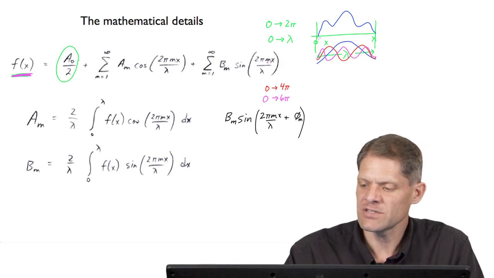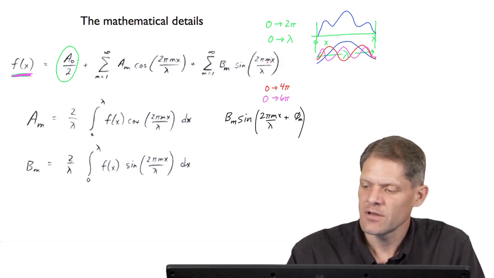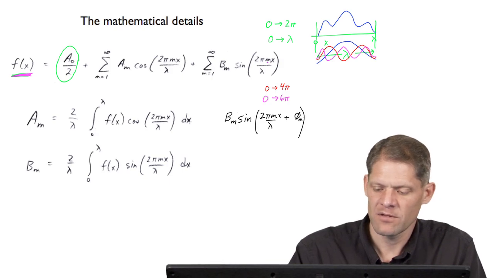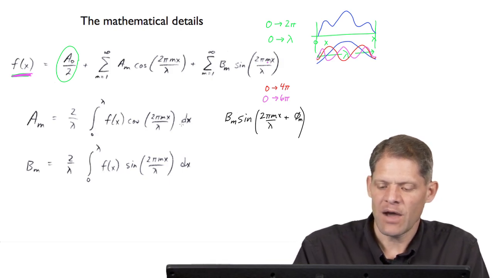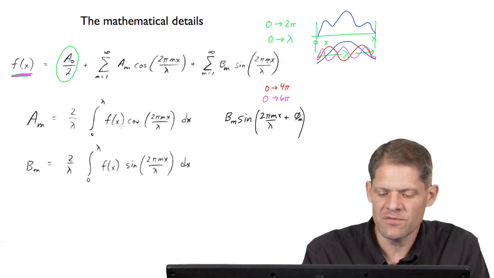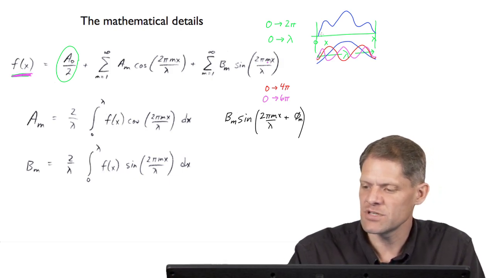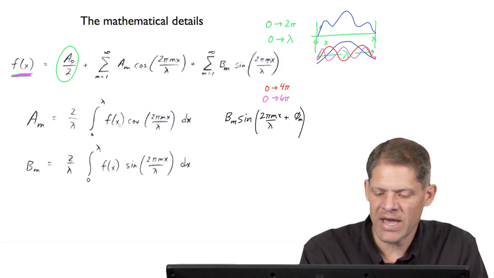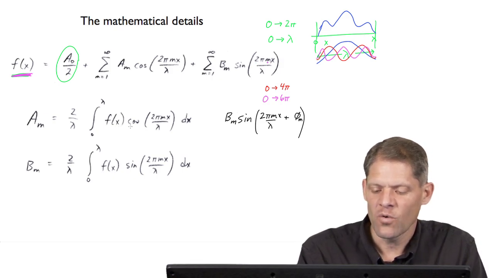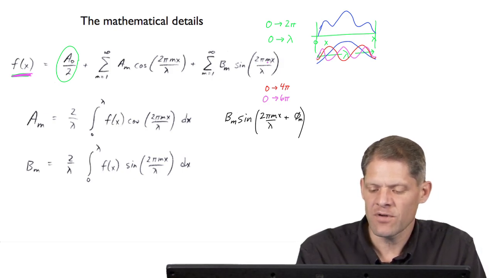So basically we're going to go from 0 to a wavelength in x, and we simply multiply the original function that we're trying to match, that's the f of x, at each x position with the cosine wave 2 pi mx over lambda.